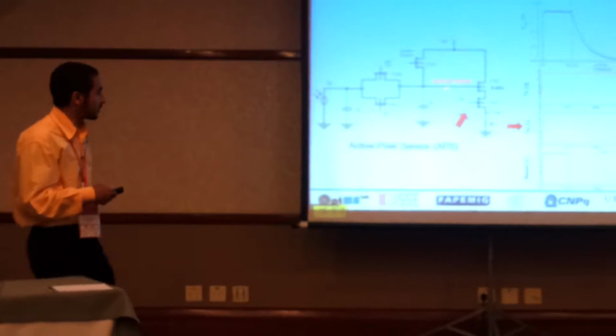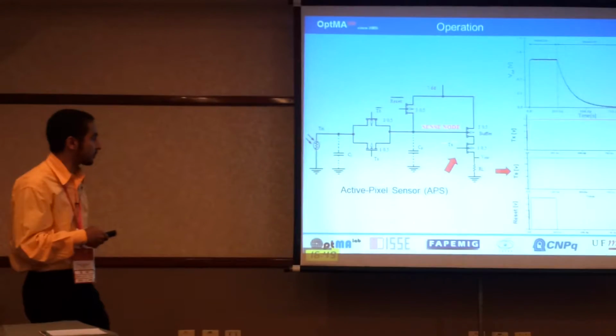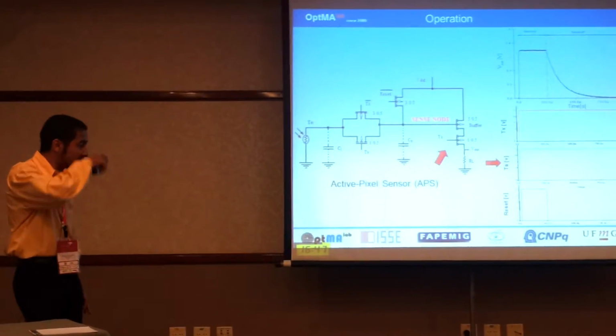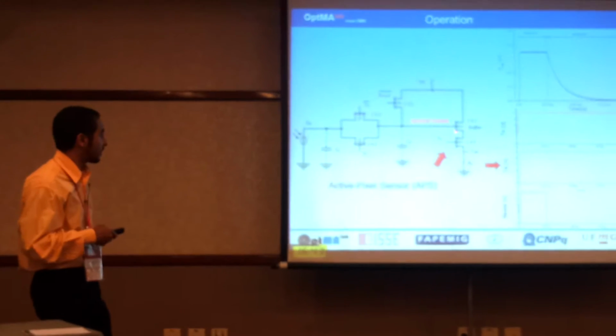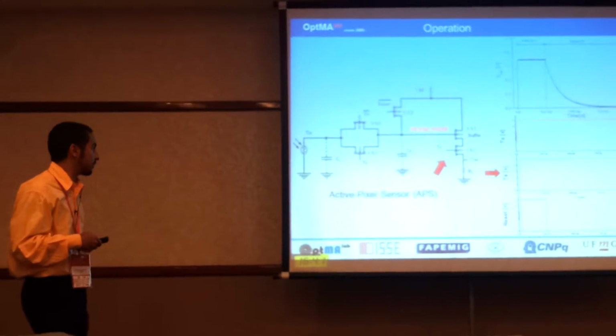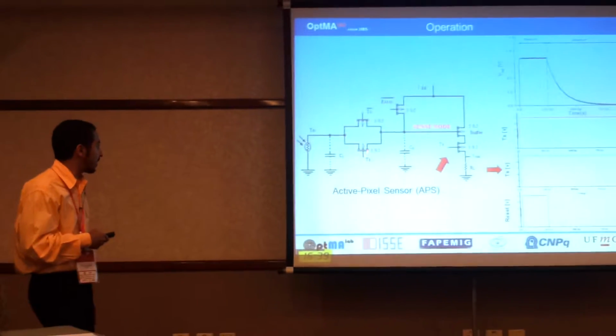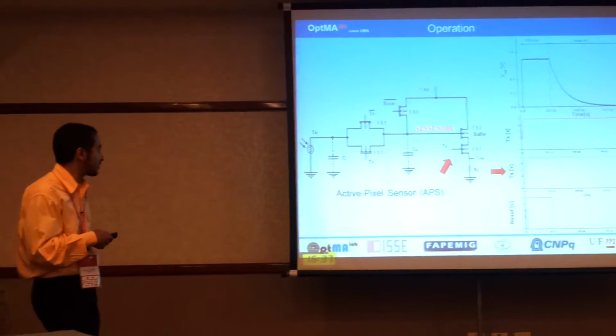This voltage on the sense node charges some parasitic capacitance formed by the gate-bulk of the transistor buffer, and another by the source-bulk of the transistor TX.